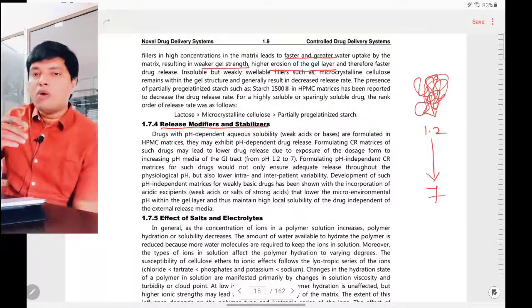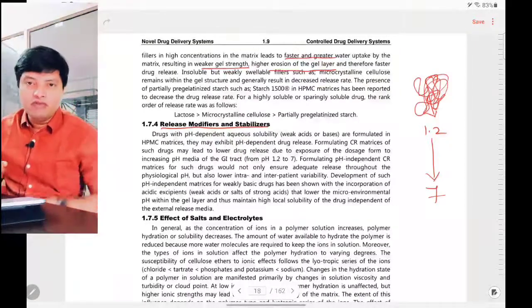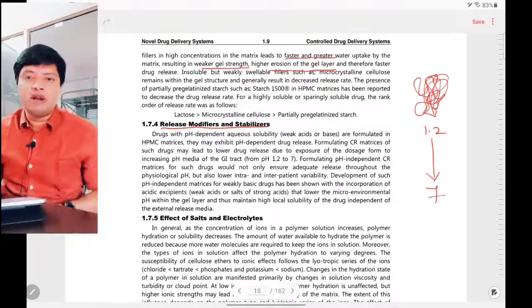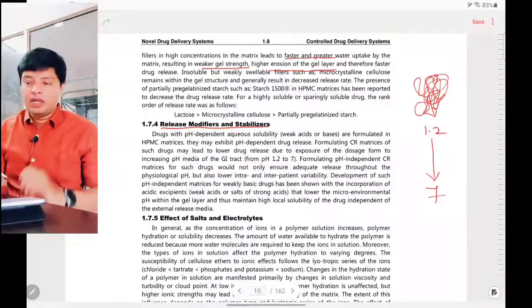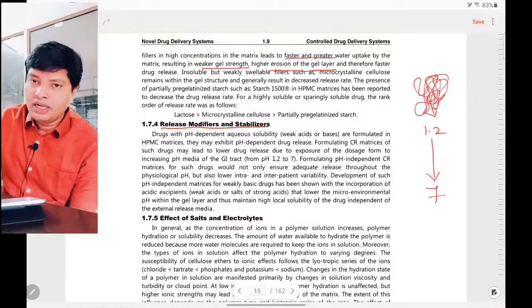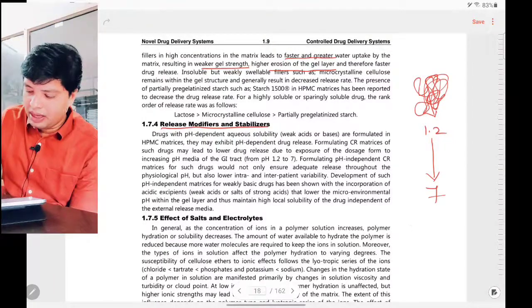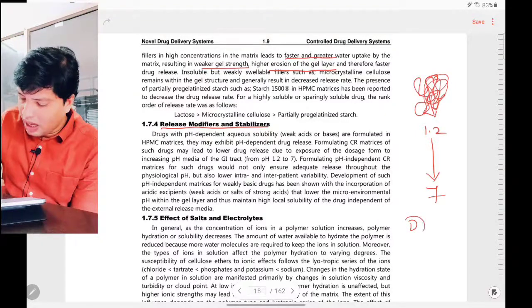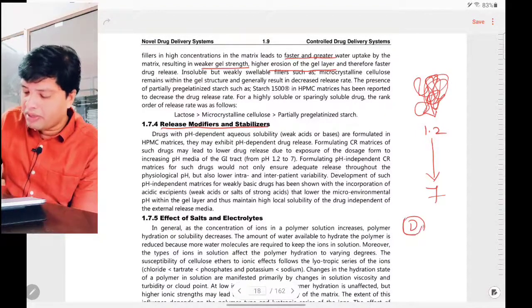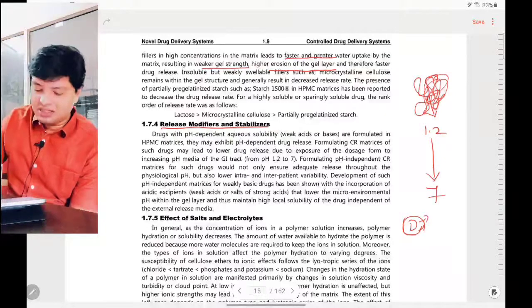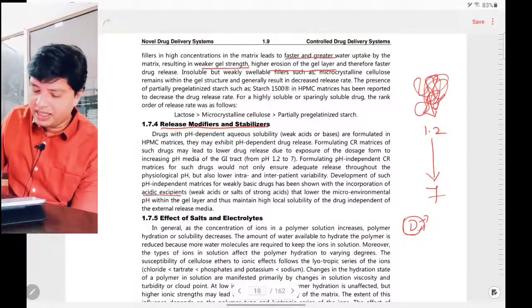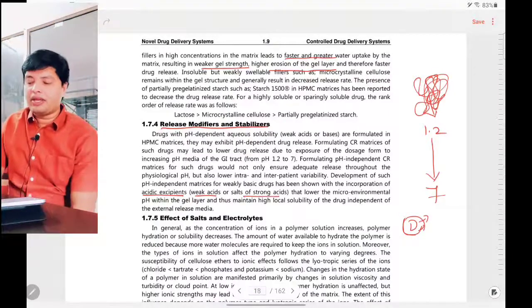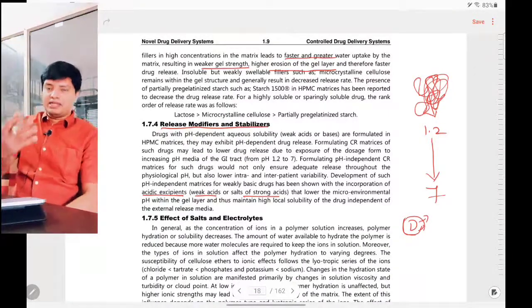To overcome this problem, we will try to change the microenvironmental pH of the drug. Remember, I have a drug which is soluble only in acidic pH. So around this drug microenvironment, I will use acidic excipients, that are weak acids or salts of strong acids. Or let's say the drug is a base.